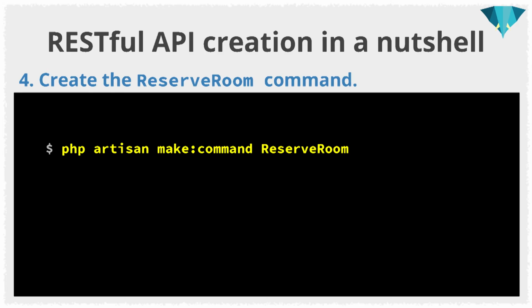One of the interesting new things about Laravel 5 is that it has brought in the concept of a command that before was not present in Laravel 4, at least not in this particular way. Again, it's very simple: php artisan make:command ReserveRoom.